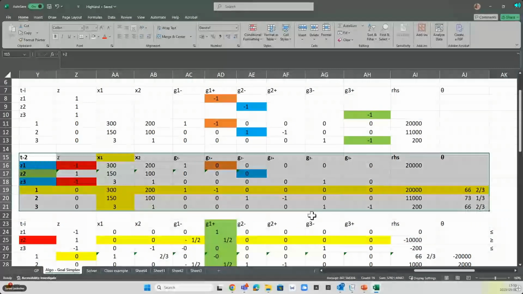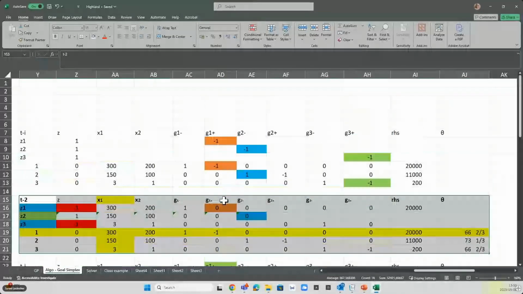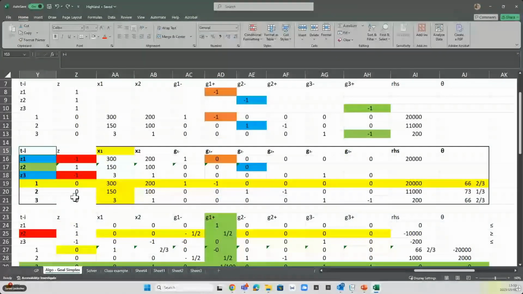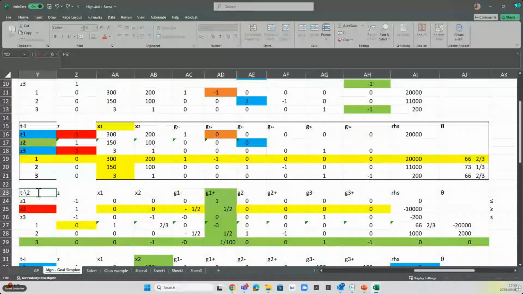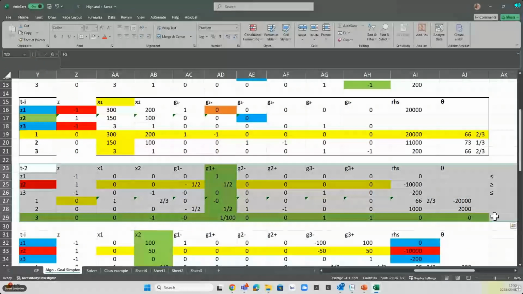That's where we pivoted. Oh, sorry, this one is initial. This one is table 2. Okay, let's see if it's met, what's not met, and we take it from there.